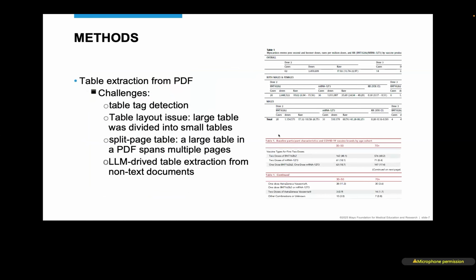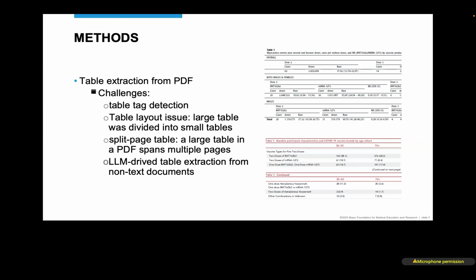The next step is table extraction. If we extract the tables from PDF files directly, there are 4 challenges. The first challenge is table tag detection. It is very hard to detect tables from a PDF file. The second is the table layout issue.